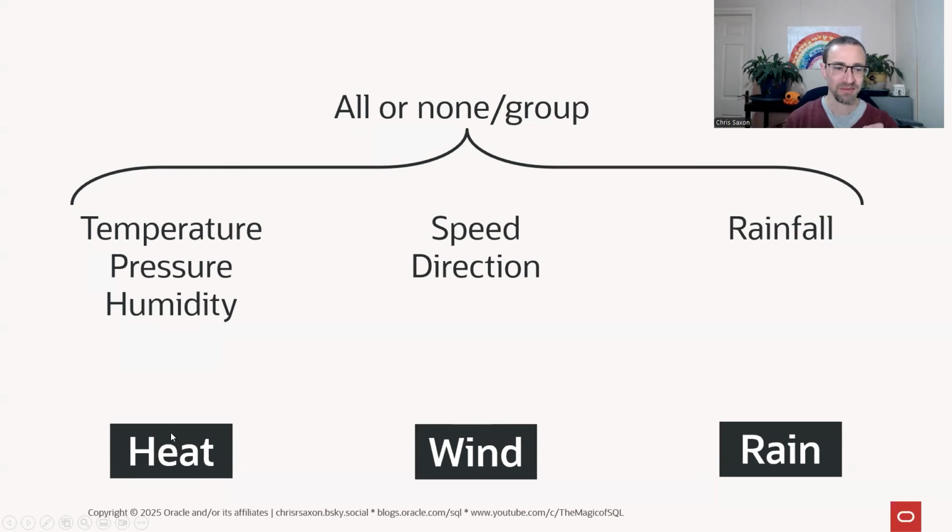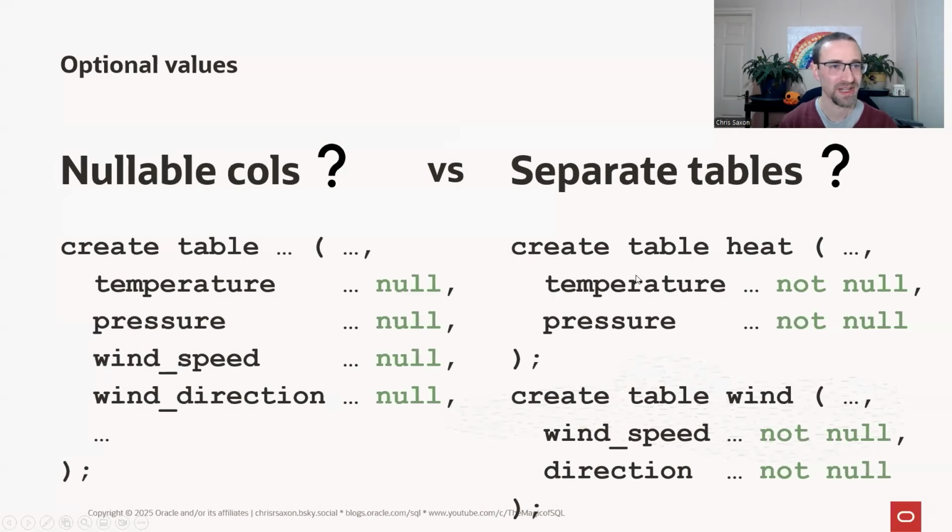Each location might have just one or two or even all three of these. You might capture heat, wind, and rain at one location, but let's say it's somewhere that just captures wind and rain, you will always get the speed and direction and rainfall. So we've got three groups of optional values. The question here is, do we just have one giant table to capture all the readings and make all these things nullable?